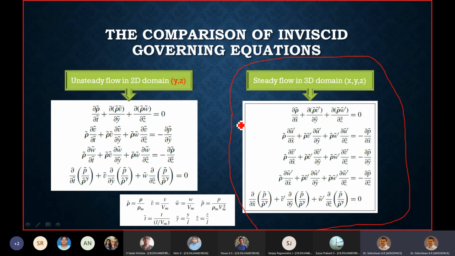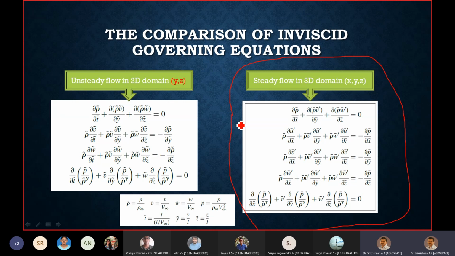So the perturbation forms the way that we have written are applicable to hypersonic flow. This is a 3D governing equation for steady inviscid hypersonic flow.